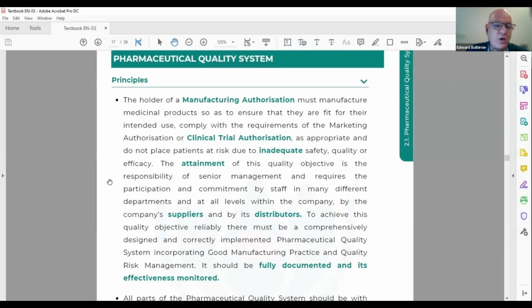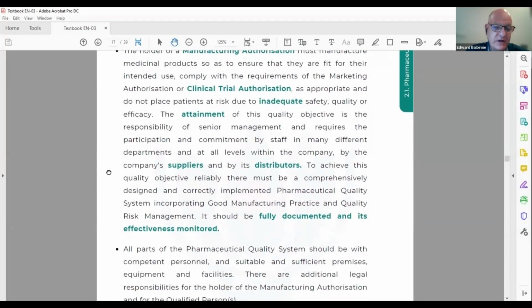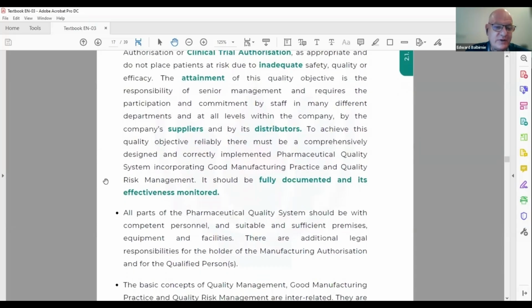To achieve this quality objective reliably, there must be a comprehensively designed and correctly implemented pharmaceutical quality system incorporating good manufacturing practice and quality risk management. It should be fully documented and its effectiveness monitored.